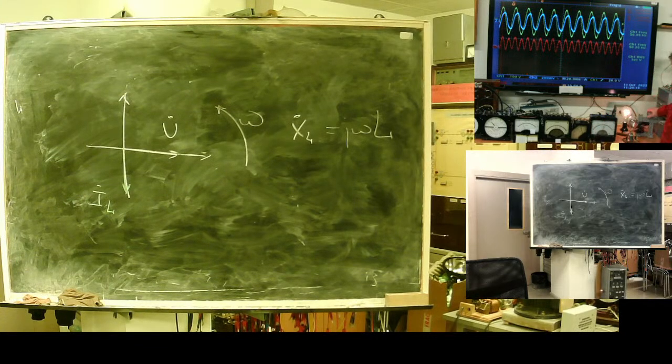Coil, come on, I will make you 0.8. Coil 0.8 amp. What should be the sum? 0.